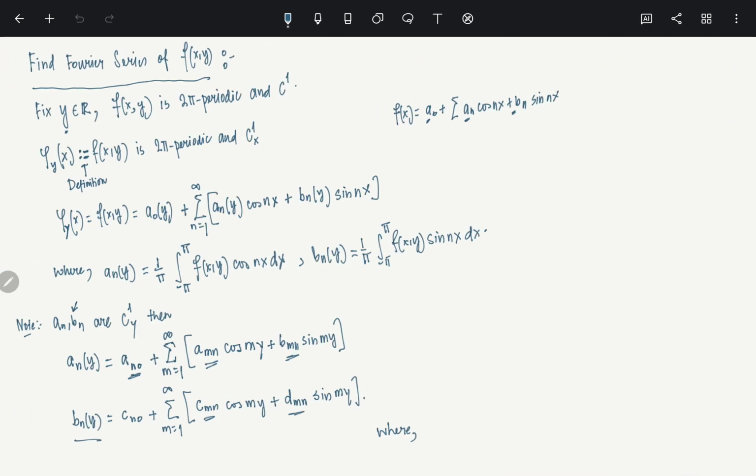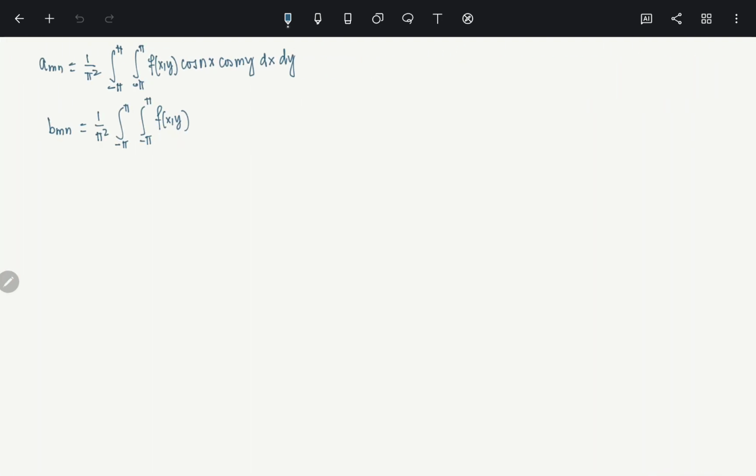It will be 1 by pi, integral minus pi to pi, then you have another 1 by pi here, right? This is sine ny. So this is cosine nx sine ny dx dy.